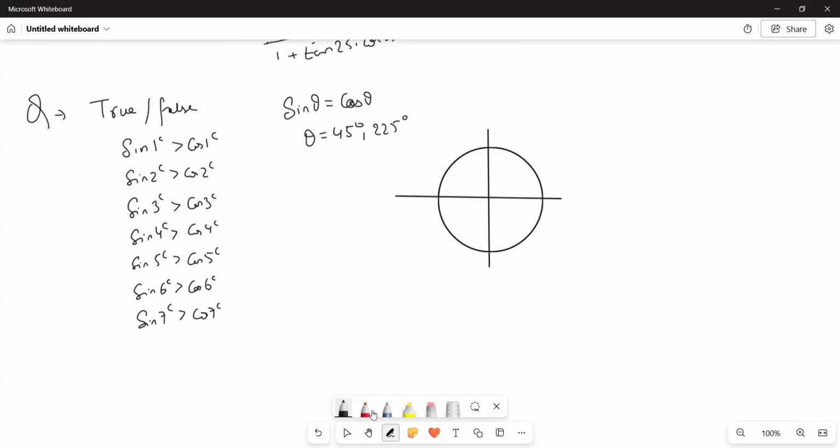Okay, so which is something of this form. Suppose this is 45 degrees, and then the same line extended backwards would be 225 degrees. See, this is clear. This is the boundary of sin equal to cos.